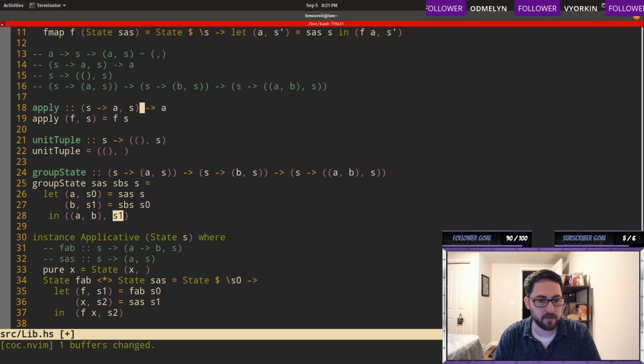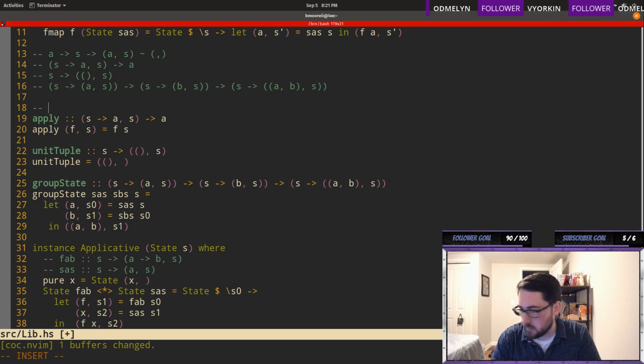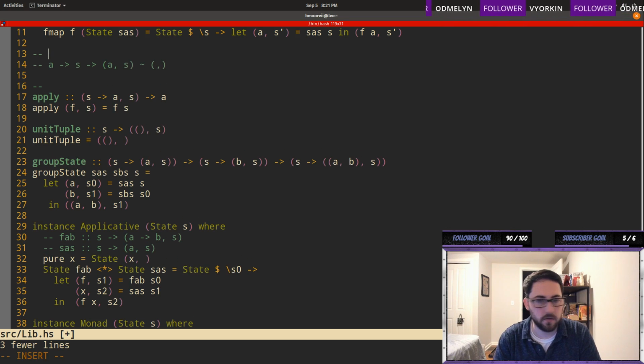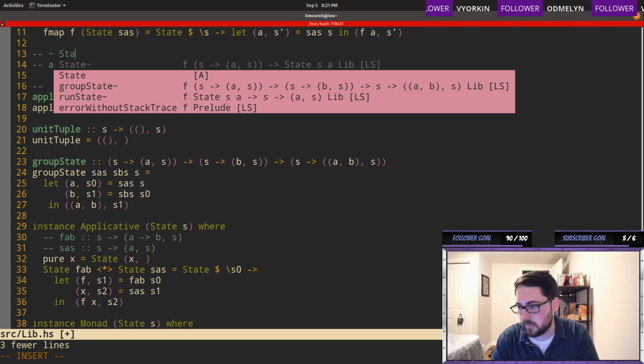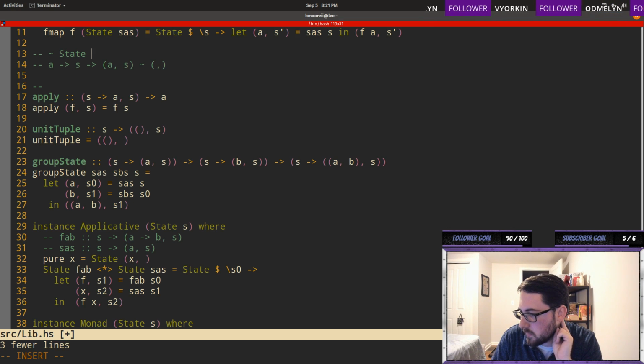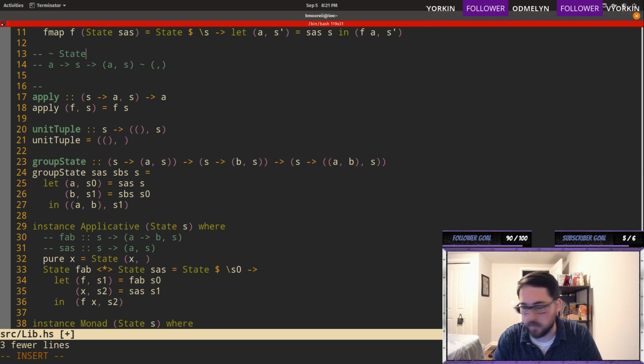So now we need to add some notes here. So we need to go back to here. So let me get rid of this because we already have those written. So equivalent to state. Okay, I think that state A is the same thing.